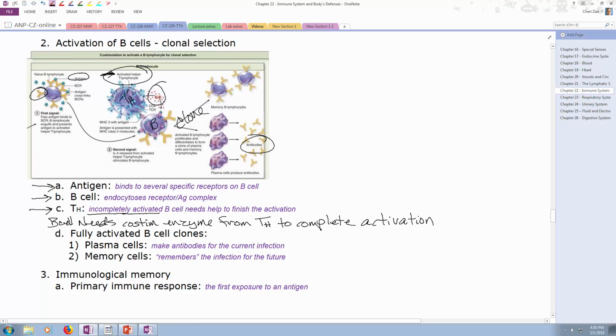Once the B cell has received the co-stimulatory enzyme, it will now clone. It will produce a whole bunch of cells called plasma cells and a whole bunch of cells called memory cells, but the plasma cells will definitely outnumber the memory cells. And the plasma cells are responsible for making antibodies. And antibodies have that Y shape.